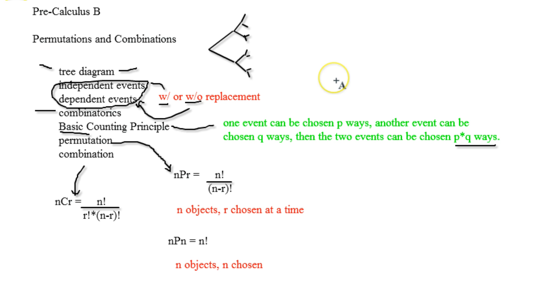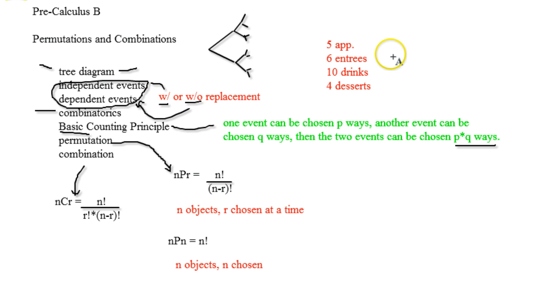Now, a great way to explain this one is when you go to a restaurant and you have choices for meals. So let's say you have 5 appetizers, 4 entrees. Now let's make it more interesting. Let's make it 6 entrees, 10 drinks, and 4 desserts.